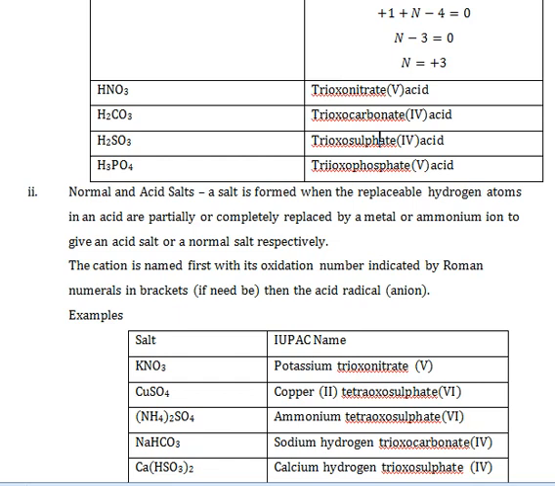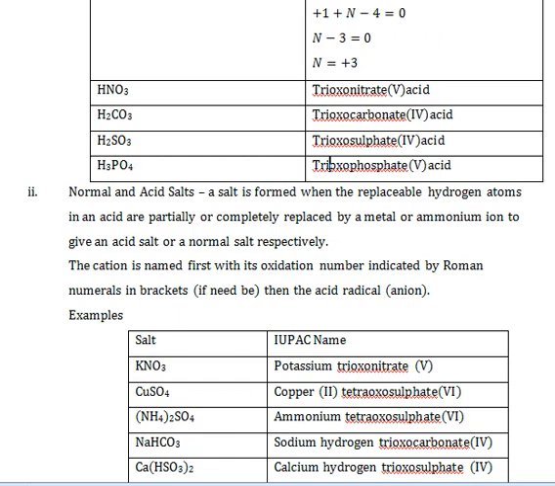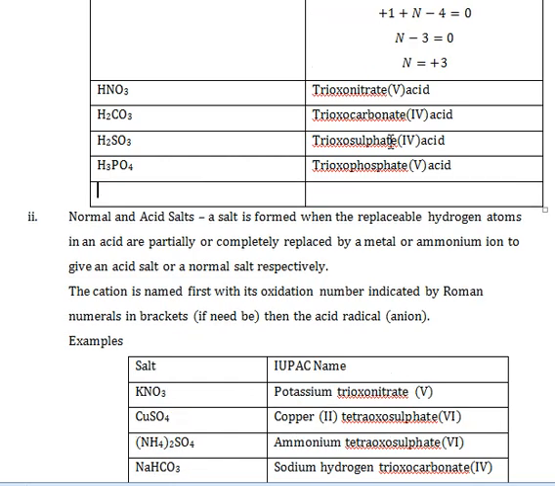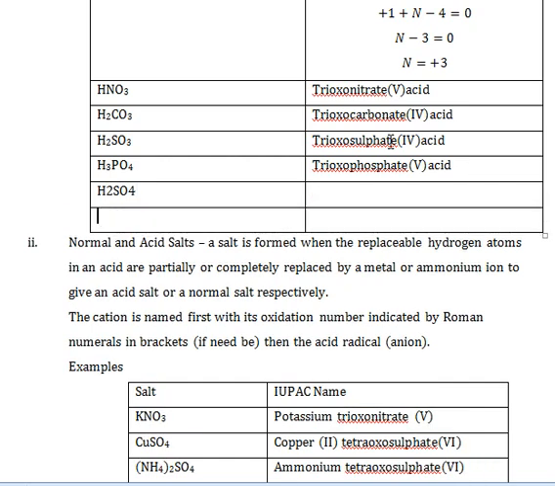That is in the case of the oxo acids. On your own, you can give a trial to H3PO4 and some other compounds. H2SO4 is another acid you can find a name for.